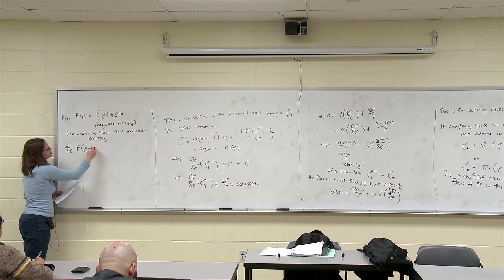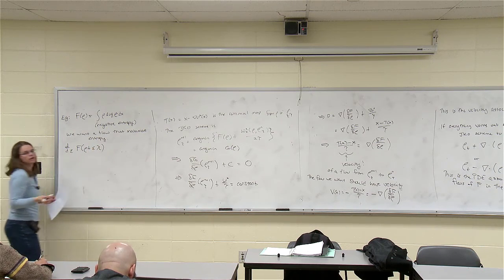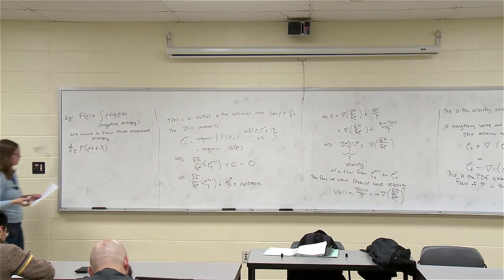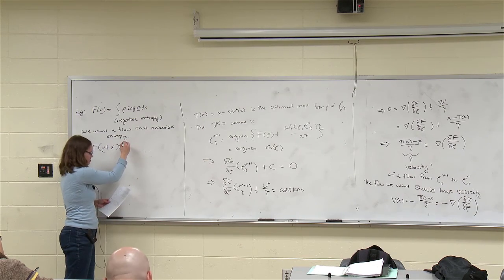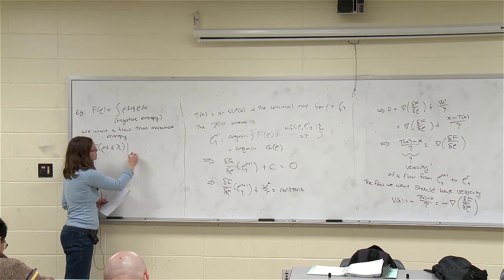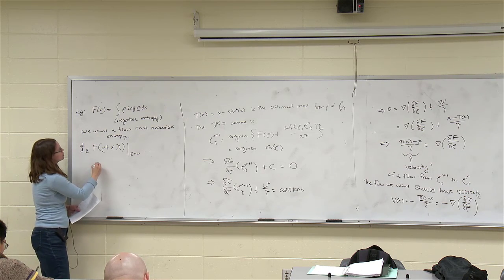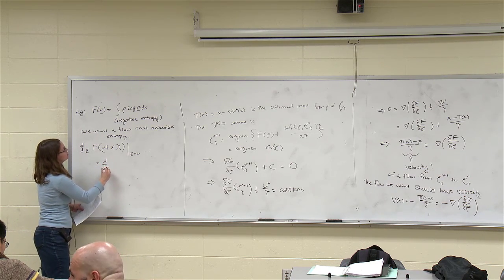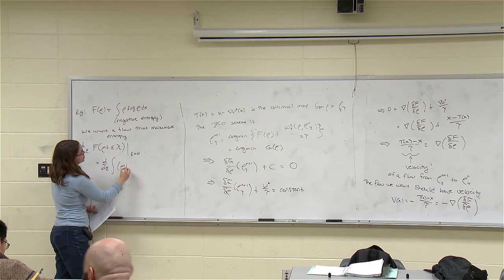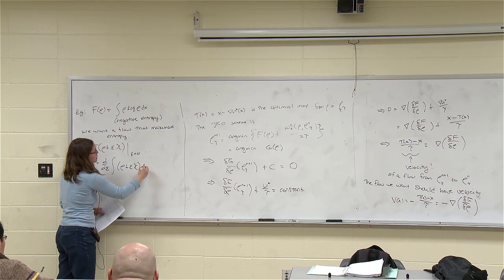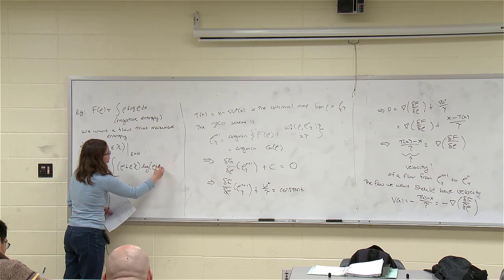Okay, so we need to compute again the derivative of F evaluated at rho plus epsilon chi. Right, this is going to be, write it down, the integral of (rho plus epsilon chi) log of (rho plus epsilon chi).